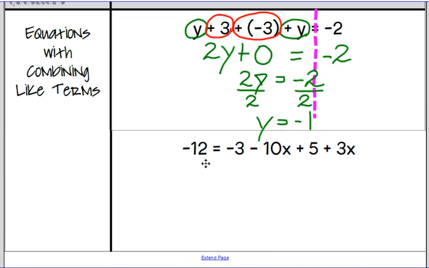Another one similar to this says negative 12 equals negative 3 minus 10x plus 5 plus 3x. So we have some things that we can combine. So we have a constant of negative 3, and we have another constant of positive 5. So we can combine those terms. We also have a negative 10x and a positive 3x.